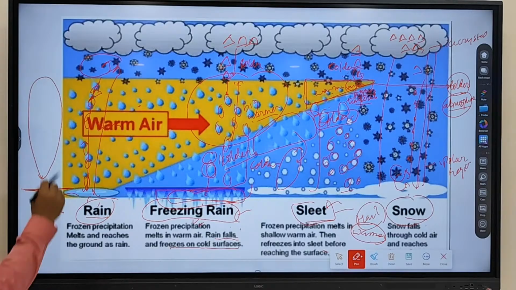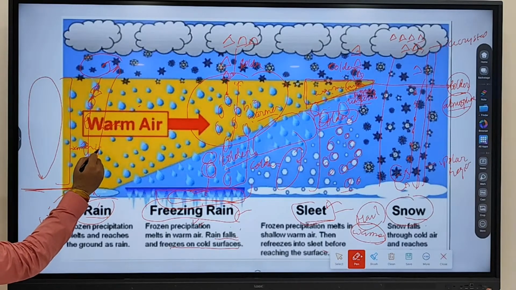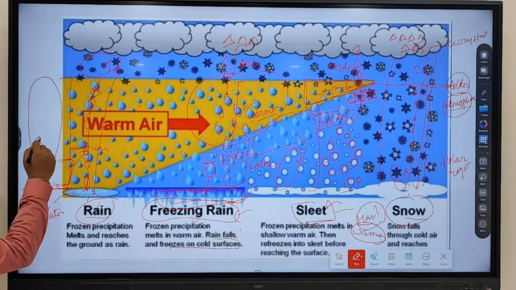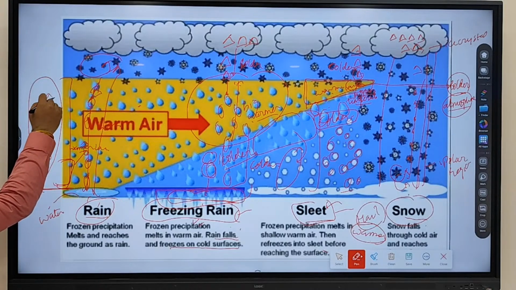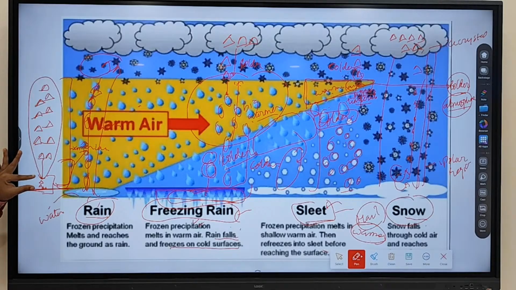Vertical clouds are being formed. The layer here is generally a warmer layer only. But this vertical cloud contains ice crystals. When these ice crystals start to come down, they travel through the warmer layer itself, but this warmer layer is very small because the cloud is formed very close to the earth's surface.